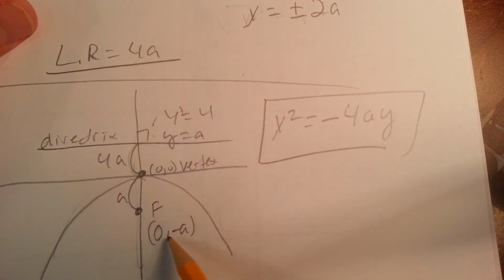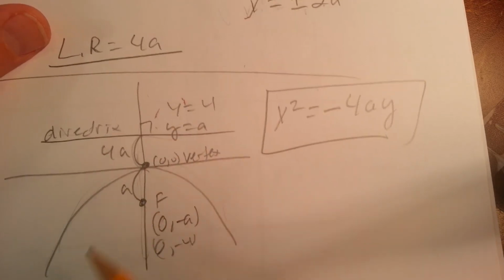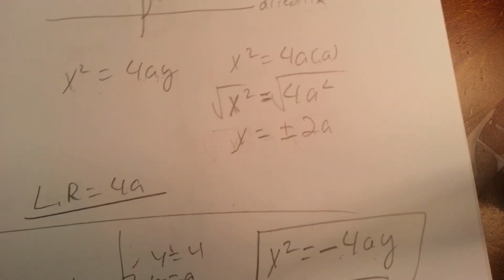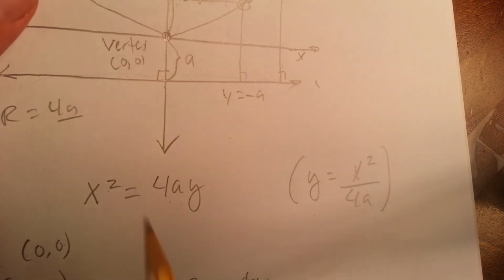This focus, if a is 4, 0 comma negative a, is 0 comma negative 4, just hypothetically. The equation for the frown just has a negative: x squared equals negative 4ay. So the smile is x squared equals 4ay, and the frown is x squared equals negative 4ay.